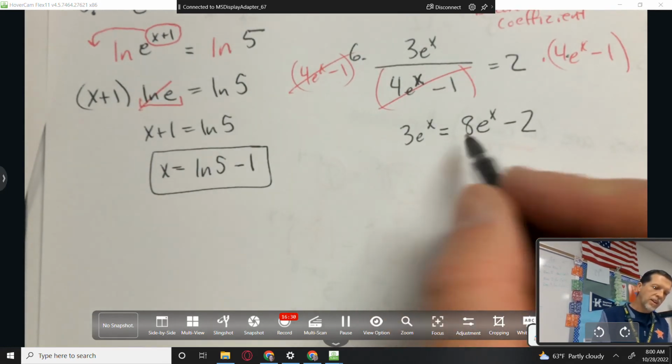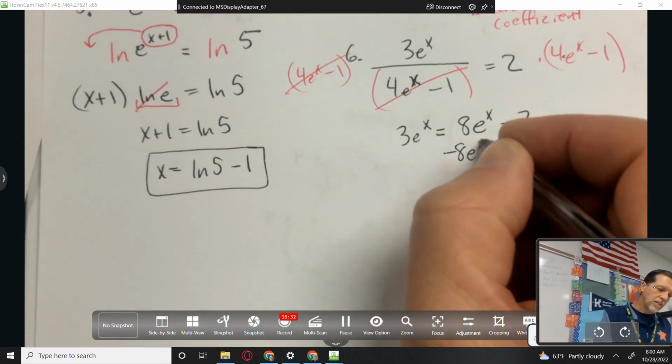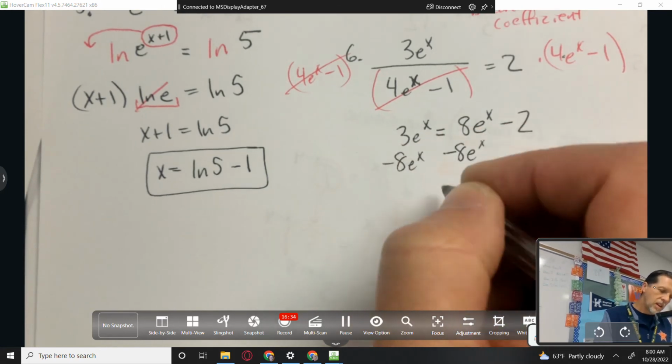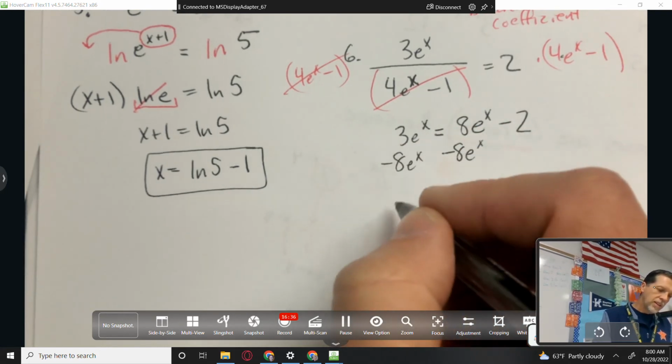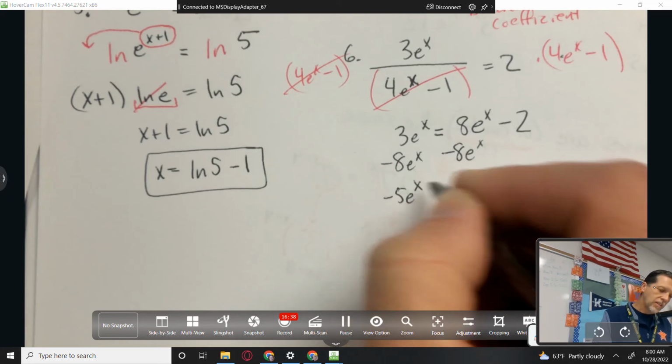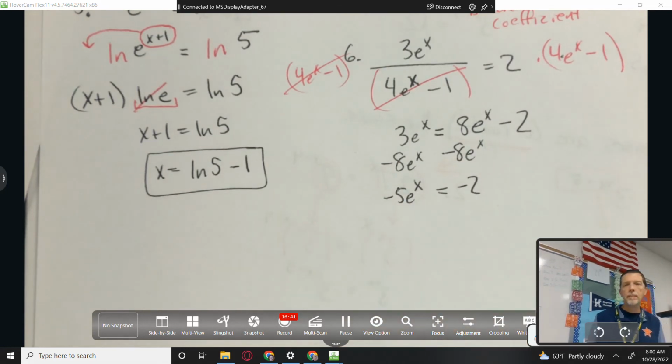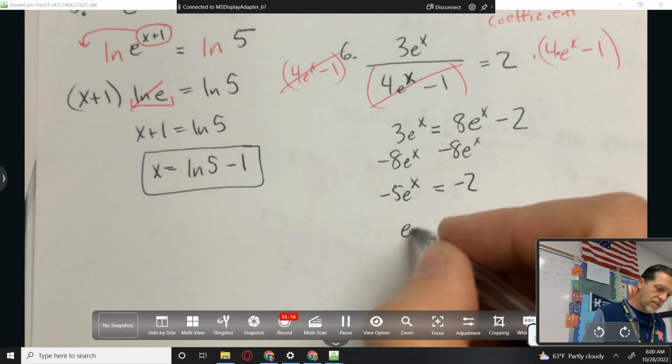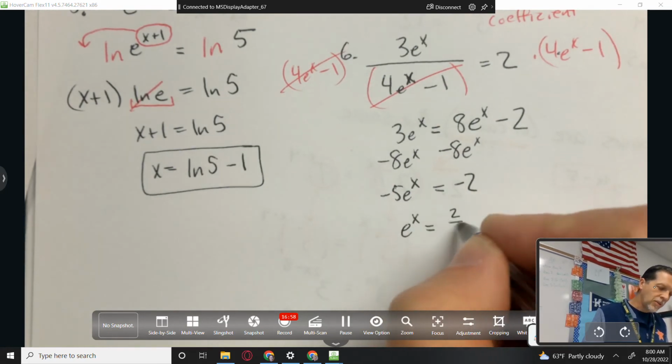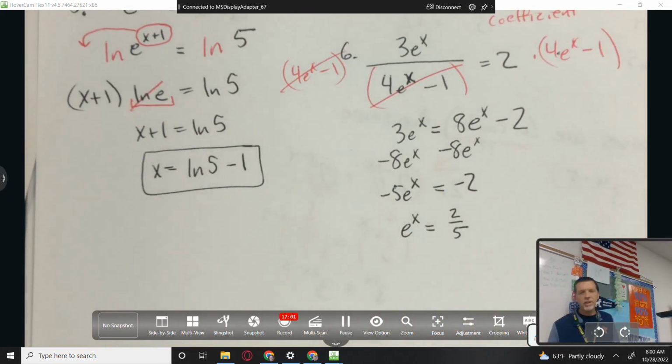I'm going to subtract 8e to the x from both sides. 3 minus 8 is negative 5e to the x. What next? Not yet. Not yet. Almost. Let's divide by negative 5. So then we have e to the x equals 2/5. Now we can natural log both sides.